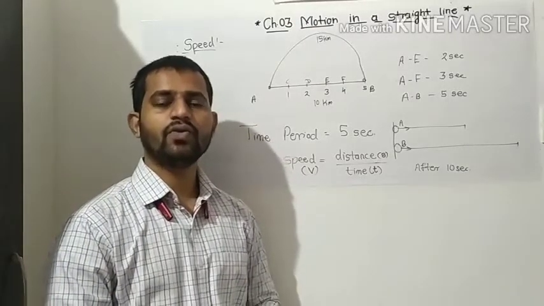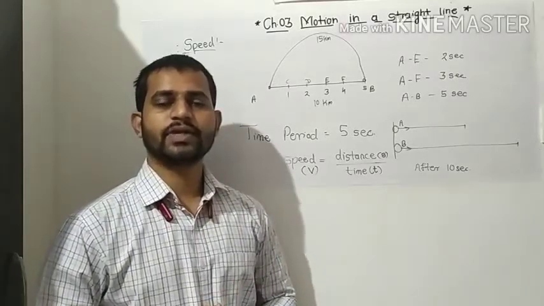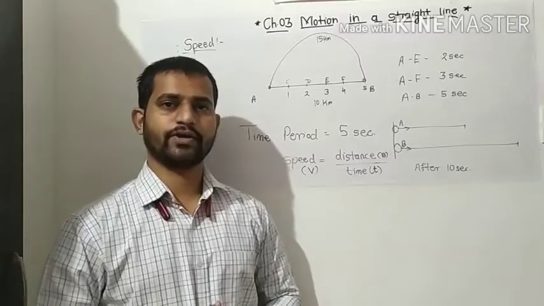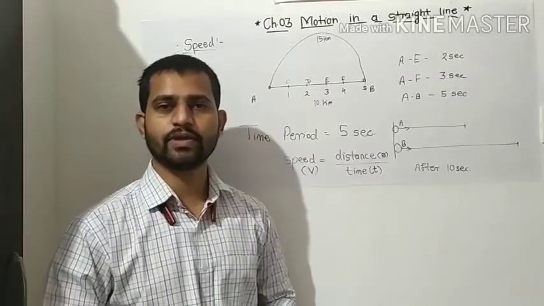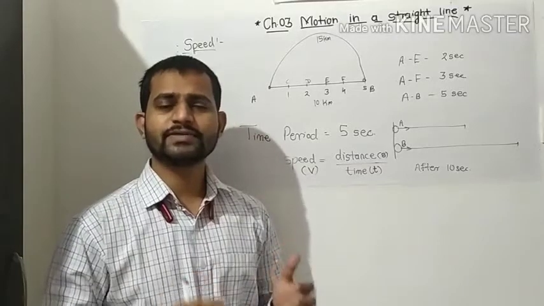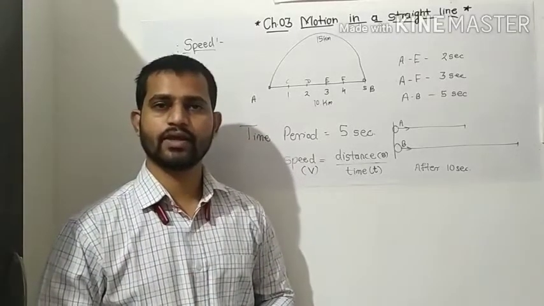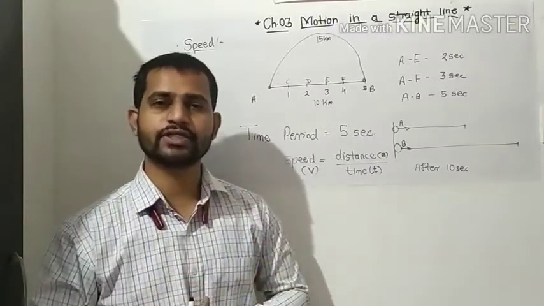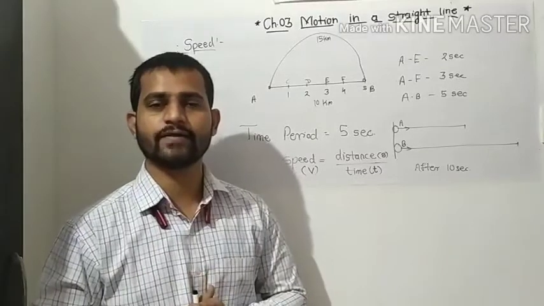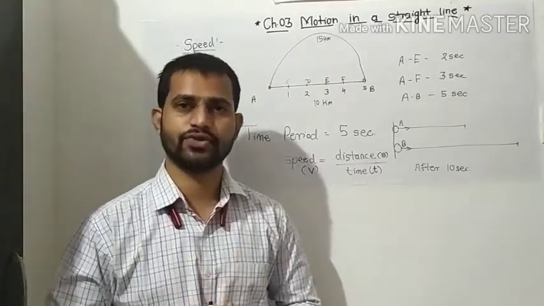Now, from this we can say that the speed is a scalar quantity, because to represent the speed we just have to know about its magnitude. The speed depends upon the distance, which is also a scalar quantity, and to describe this distance we require only its magnitude.